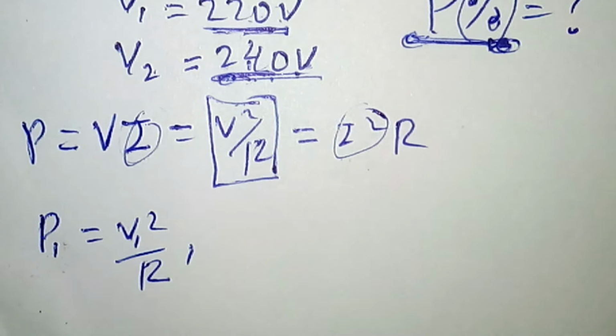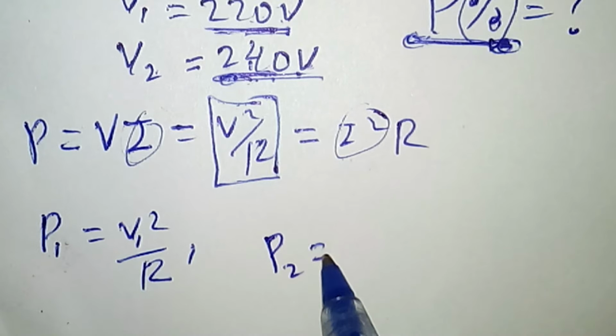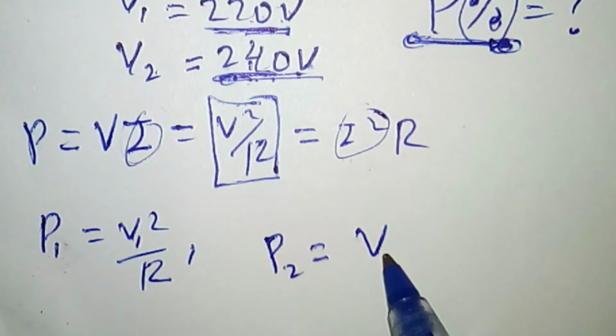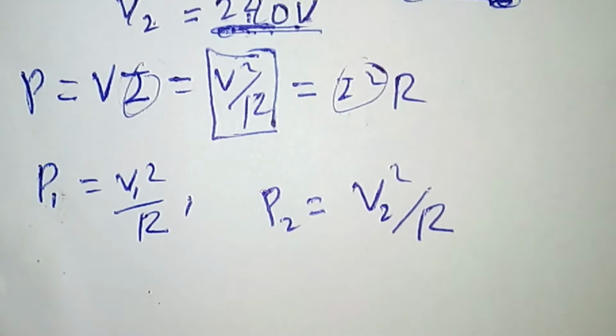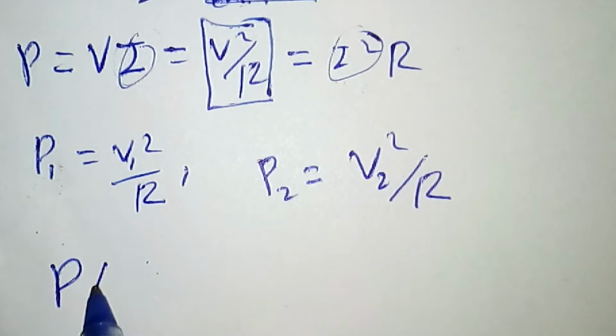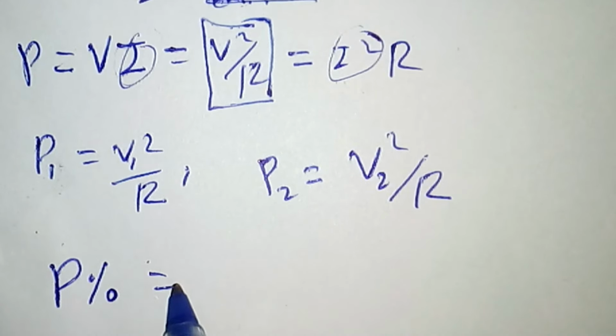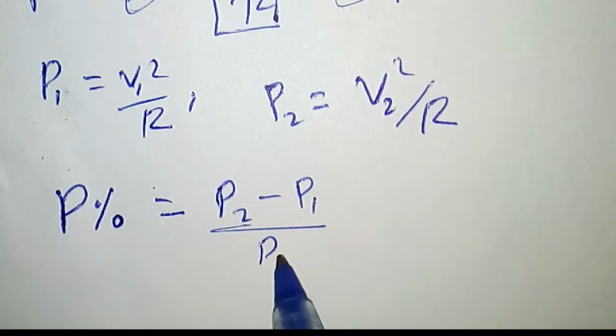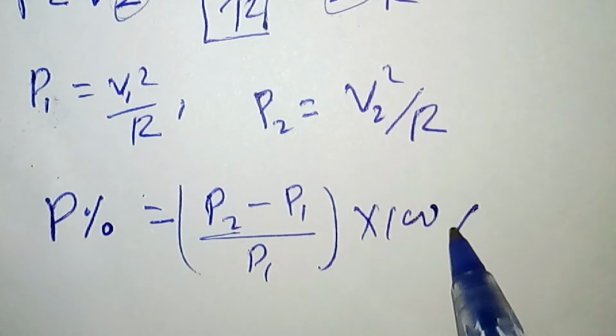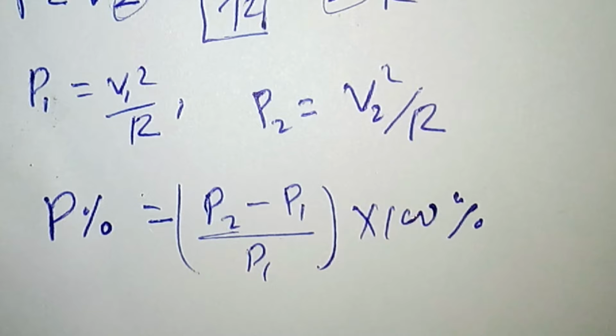It's not changing. So power 2, the second power, is the second potential difference squared divided by the total resistance R. Then I can find that the percentage increment of the power is equal to power 2 minus power 1, divided by power 1, times 100%. Exactly, this is the percentage increment.